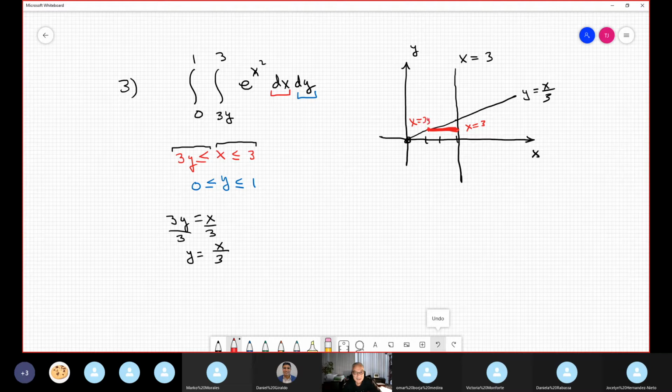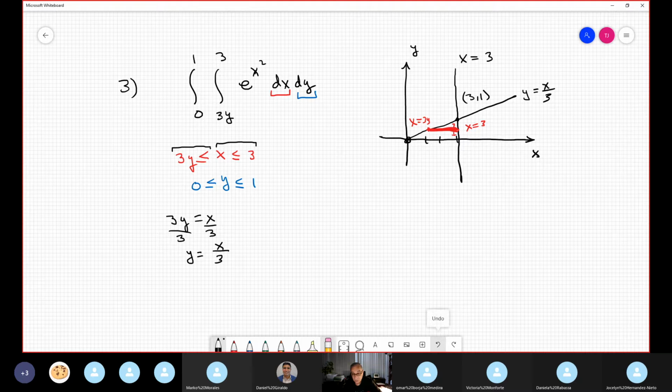So the guy who set up this limit was thinking in this direction, the red direction. But I need to switch it, reverse the integration. And to understand completely the idea, extending in this direction it goes from 0 to 1. Because this point is the point (3,1), 3 divided by 3 is 1. Y is 1, so extending in this direction.